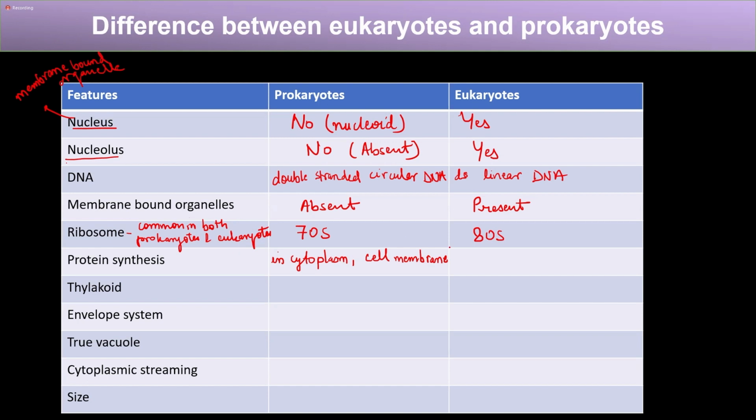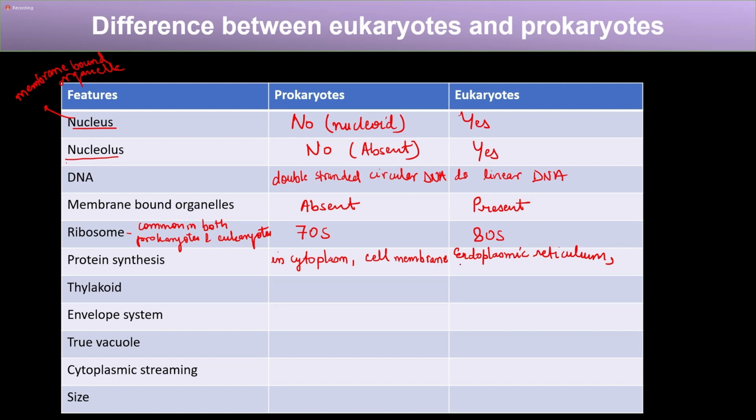However, in the case of eukaryotes, protein synthesis takes place on the ER, the endoplasmic reticulum. Apart from this, if you remember the first lecture, the ribosome is also present in certain organelles in eukaryotic cells, and this ribosome is responsible for protein synthesis.